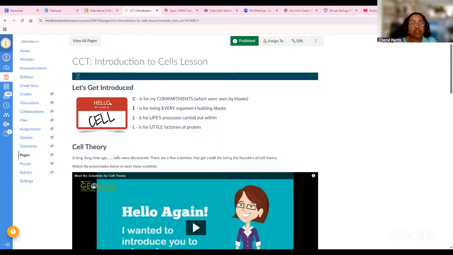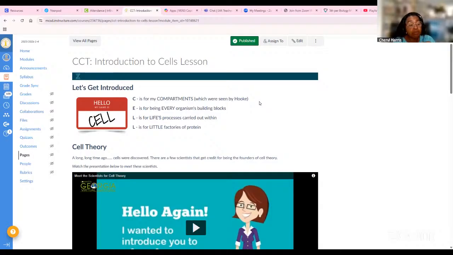All right, so let's look at this first. C is for compartments. And again, if we look at what Robert Hooke saw, he is kind of the first person to apply the word cell to things. But he was looking at thin layers of cork cells, which are plant cells because cork comes from a tree.